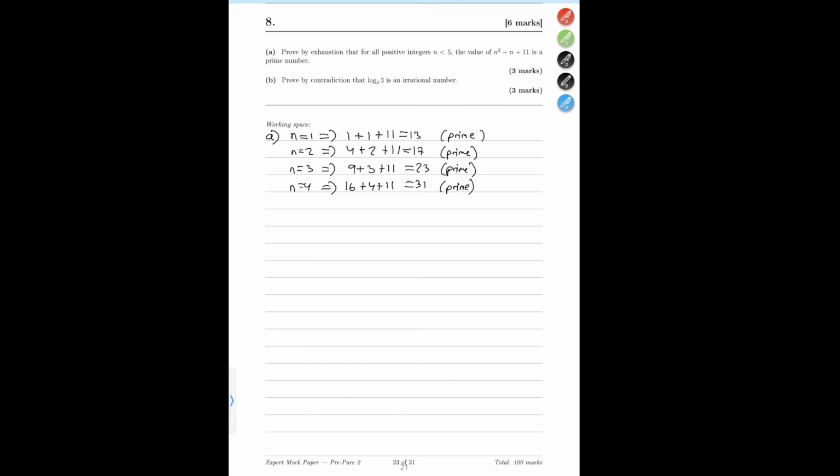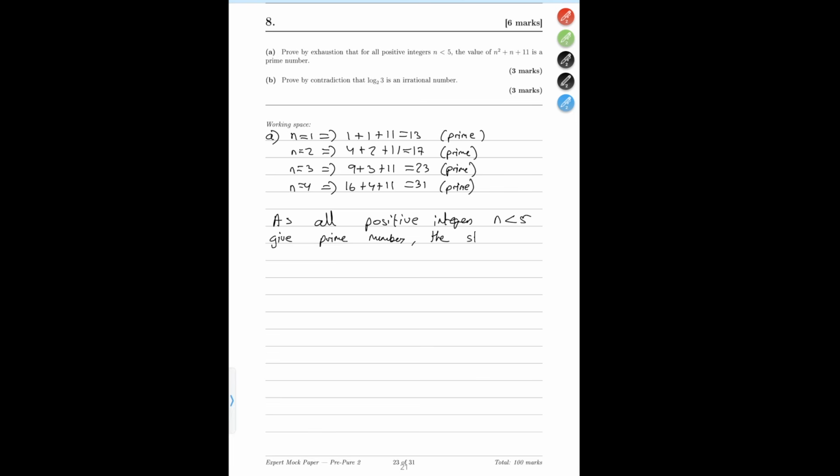So now we can say, as all positive integers n less than 5 give prime numbers, the statement is proved.